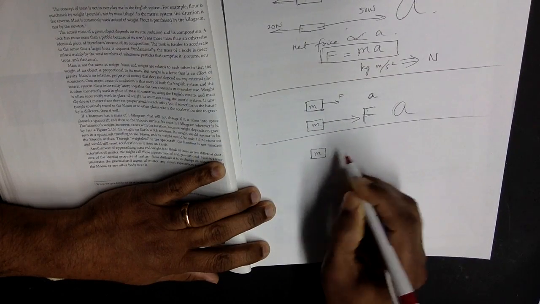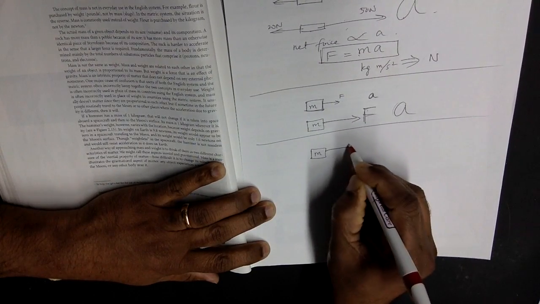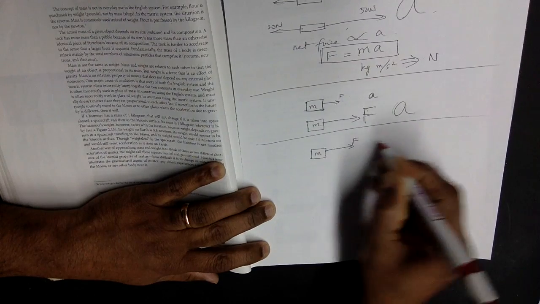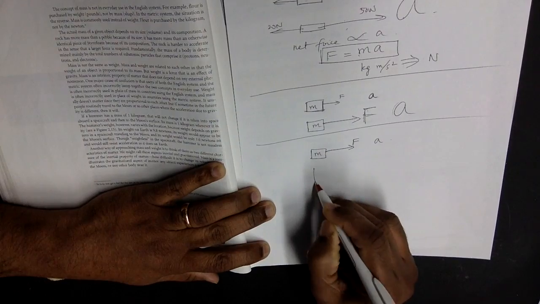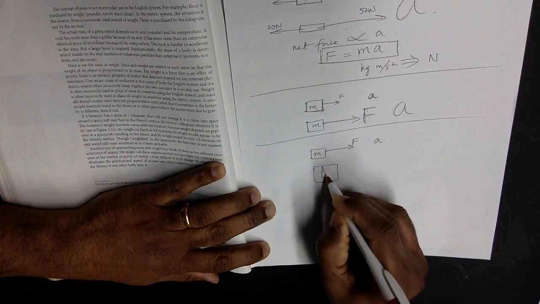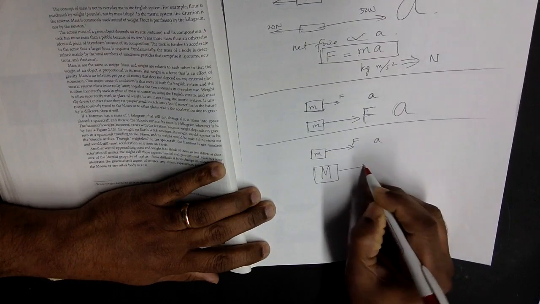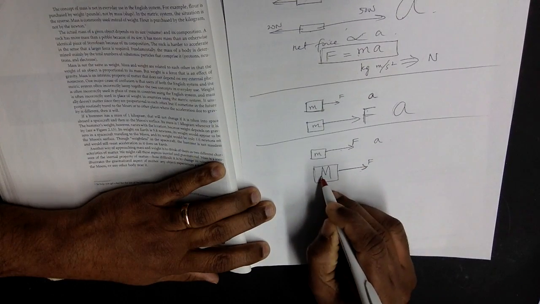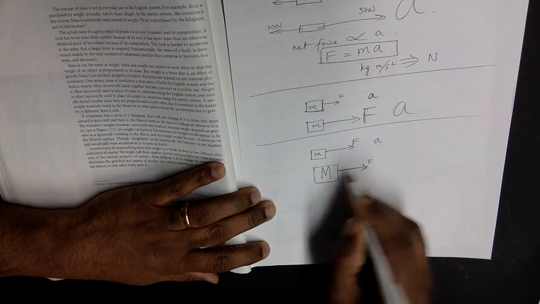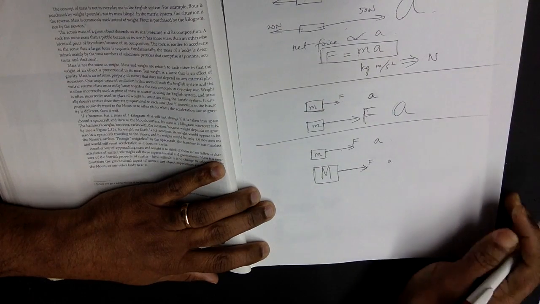Or you can also consider this. You have a mass, you apply a certain force, and this will create a certain acceleration. And suppose the same force is applied on a bigger mass, the same force, watch the length of the arrow. What do you think is going to happen? It's going to have a small acceleration.